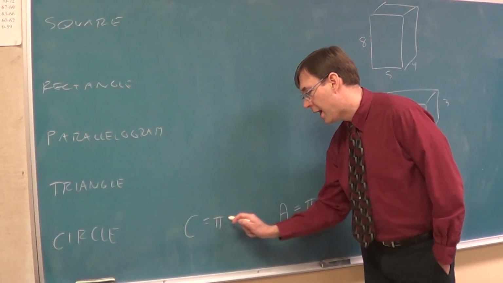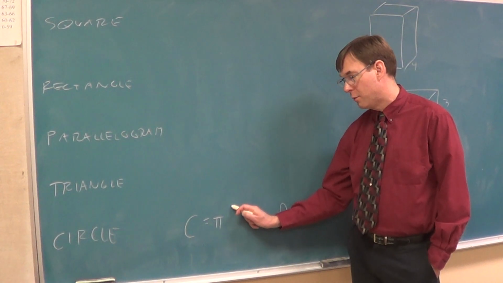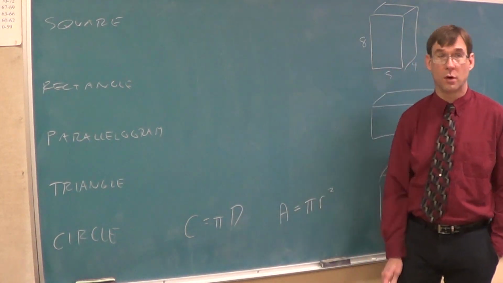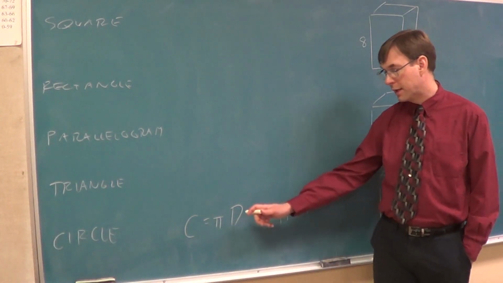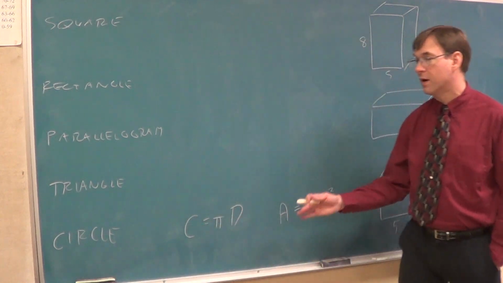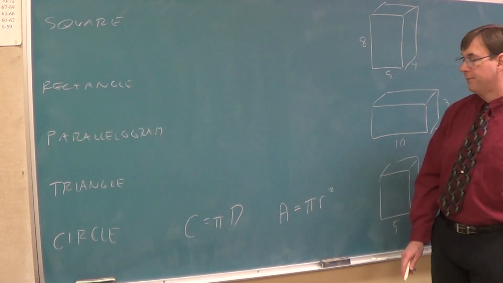So we're going to go pi times the diameter. What do you think I'm going to put for the diameter? D. So there's a formula for circumference of a circle. We're going to take the diameter times 3.14. That gets us the circumference. That's a formula for that.